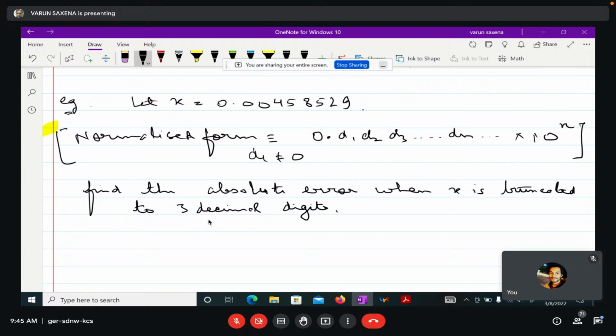Okay, so this is it. So the first thing that you do is that you're given an x which is 0.00458529, right? So you will write it in normalized form first.